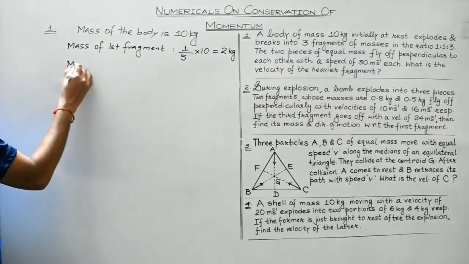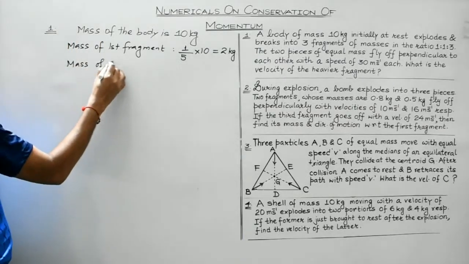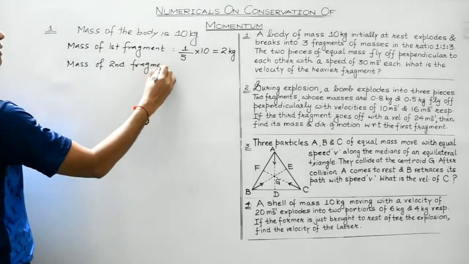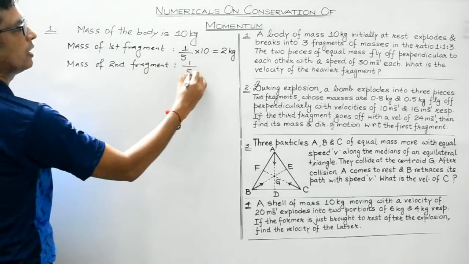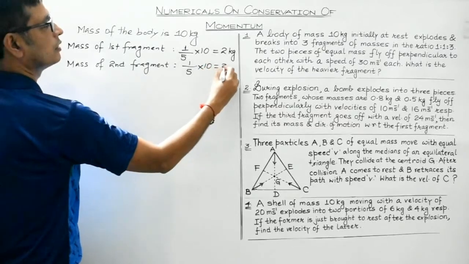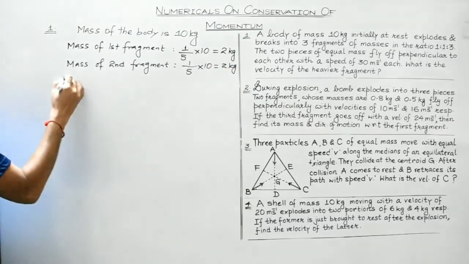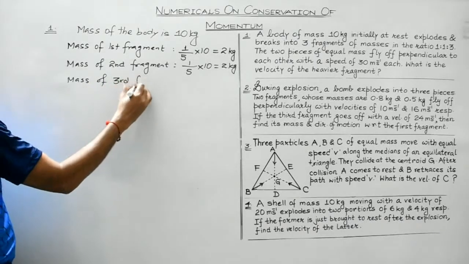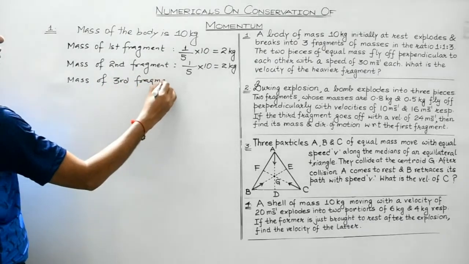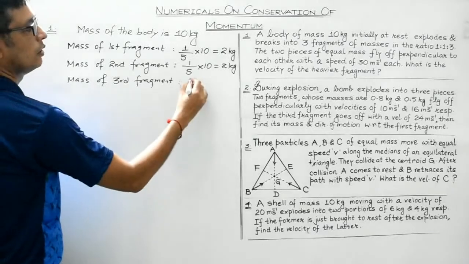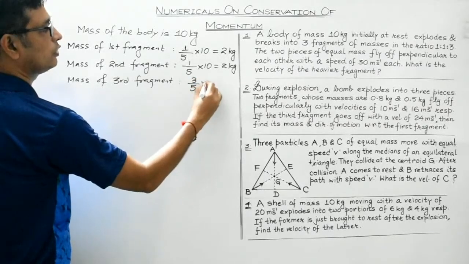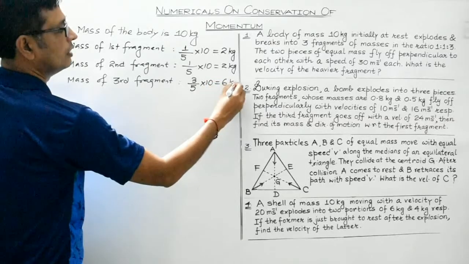Similarly, the mass of the second fragment is also 1/5 into 10, which is 2 kg. And the mass of the third fragment, the ratio is 3, so 3 by 5 into 10, which will be equal to 6 kg.